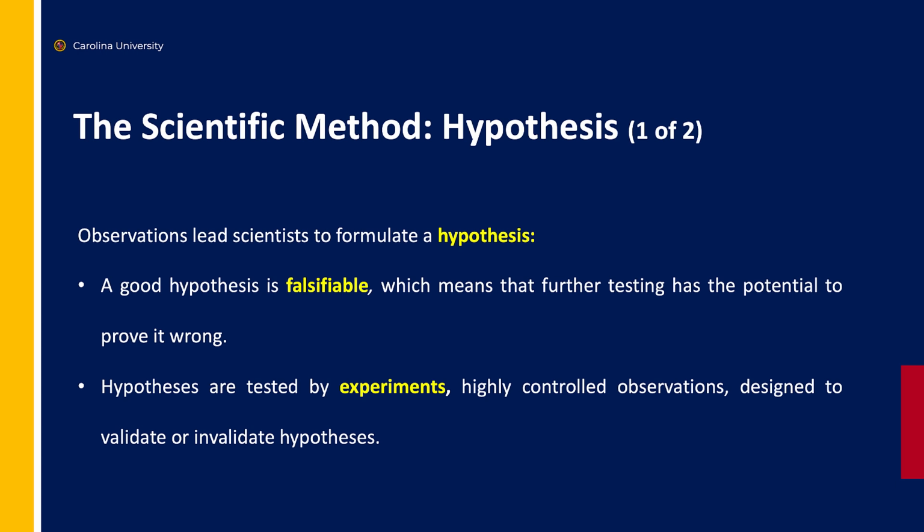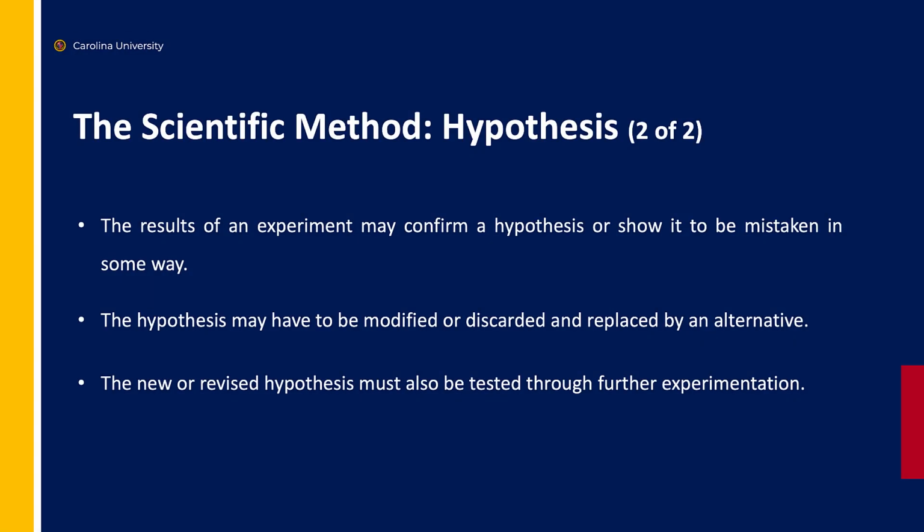Hypotheses are also tested by experiments, highly controlled observations designed to validate or invalidate hypotheses. The results of an experiment may confirm a hypothesis or show it to be mistaken in some way. Furthermore, these hypotheses may have to be modified, discarded, or replaced by an alternative one. The new or revised hypothesis must be tested through further experimentation.